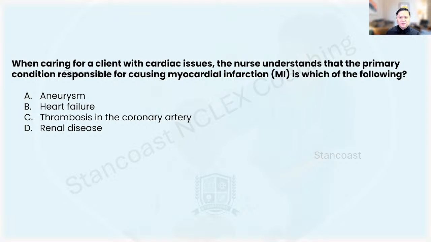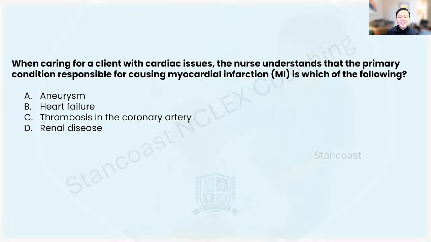And so we have our first question right here. It says, when caring for a client with cardiac issues, the nurse understands that the primary condition responsible for causing myocardial infarction is which of the following?